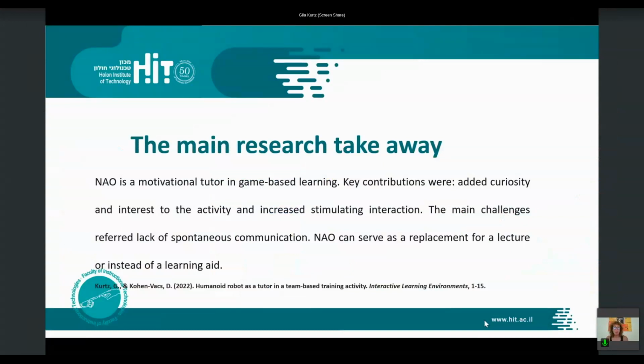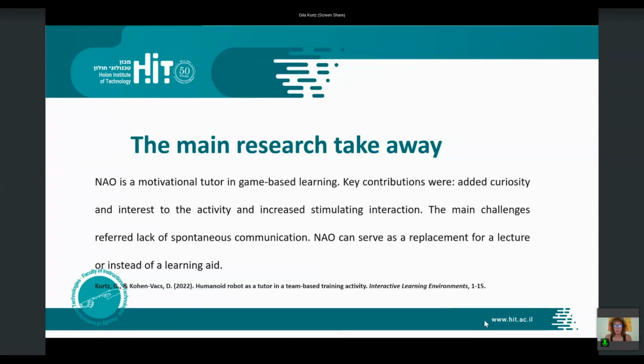The humanoid robots can serve as a motivational tutor in a learning-based activity. So motivation is really important, so it can add motivation for the learning. The robot adds curiosity and interest because it's something else. But bear in mind, being different also needs to fit the content. It's not just being the robot.